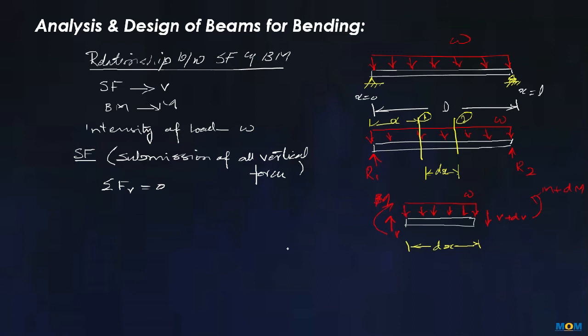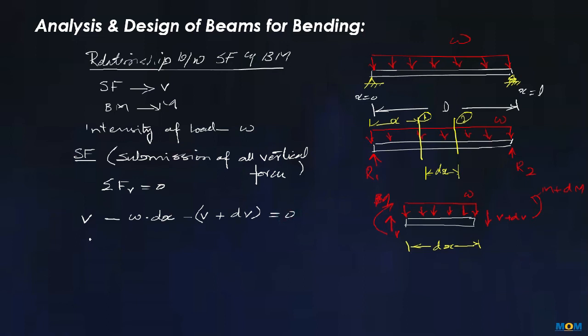Considering this, we can write V, since it is upward, with the positive sign, minus the magnitude, that is omega into dx of total distance, minus V plus dV is equal to 0.